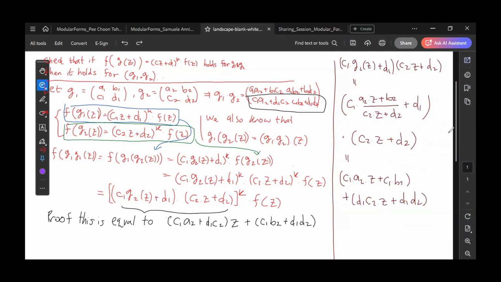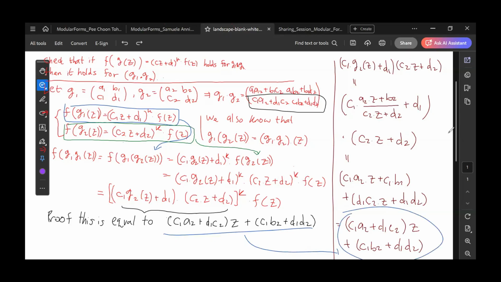It can then be simplified into C1 C1 C2 plus C1 C2 plus C1 C2. So we have proved that this is the same one.